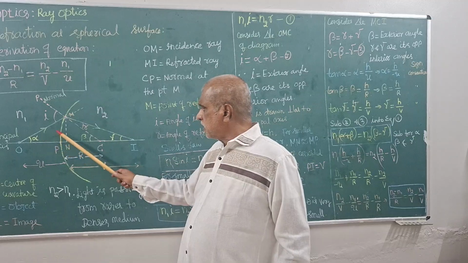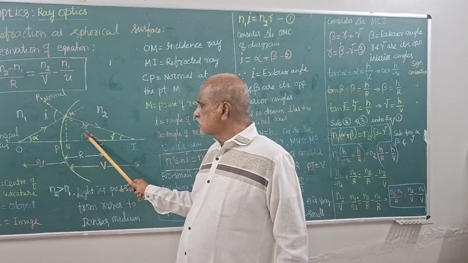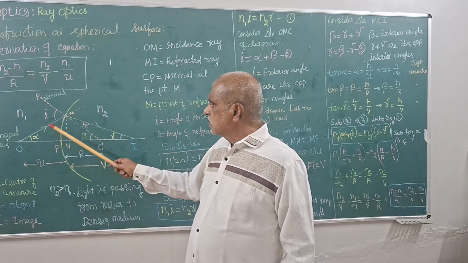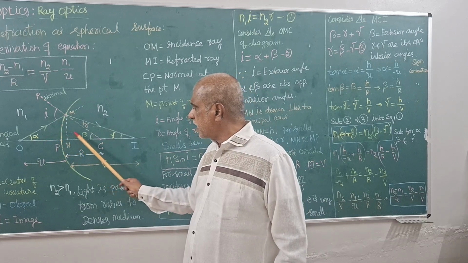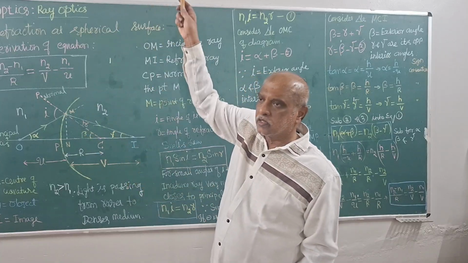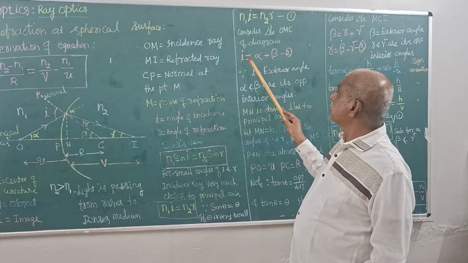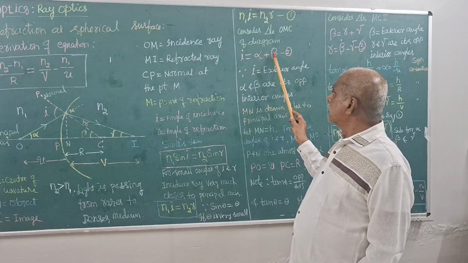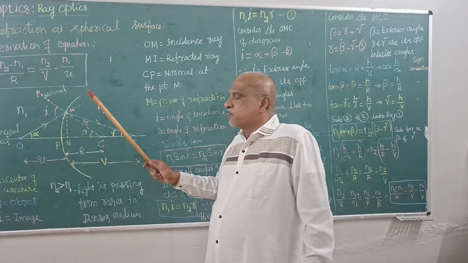There is always a formula for that: the exterior angle is the sum of the opposite interior angles. So i equals alpha plus beta. That is for any triangle. This is what I have written here: i equals alpha plus beta, this angle in terms of angle alpha and angle beta.